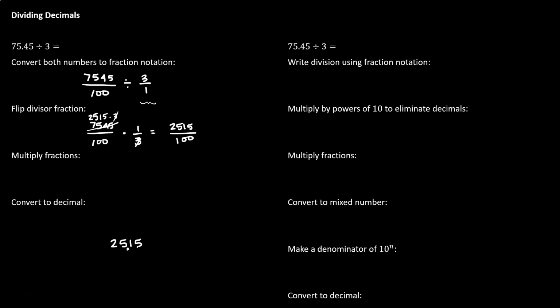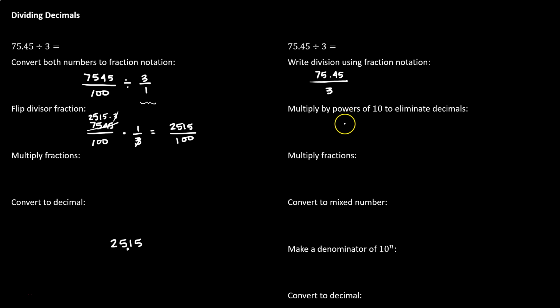Another way of completing the division is to start off by writing your division problem using fraction notation. So I'm going to copy 75 and 45 hundredths into a numerator, and then 3 into the denominator. Now decimals inside of fractions, that's a little bit wild, so what we're going to do is multiply by powers of 10 to move the decimals to the right.